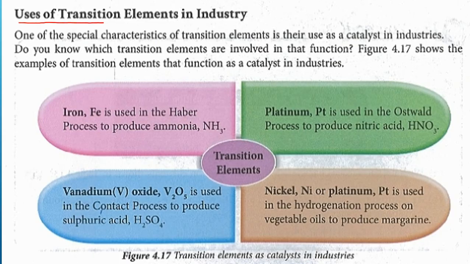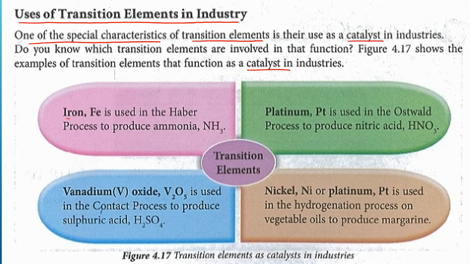The uses of transition elements in industry. So one of the special characteristic of transition element is they use as catalyst in industry. Okay, so this figure 4.17 shows the example of the transition element that function as catalyst in industry.